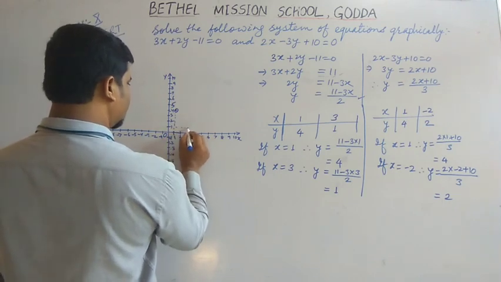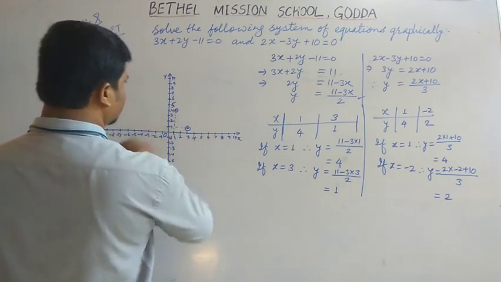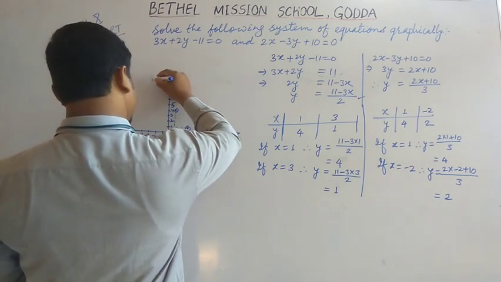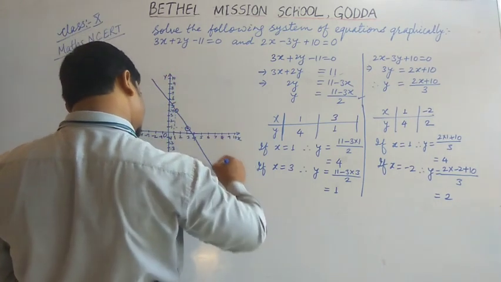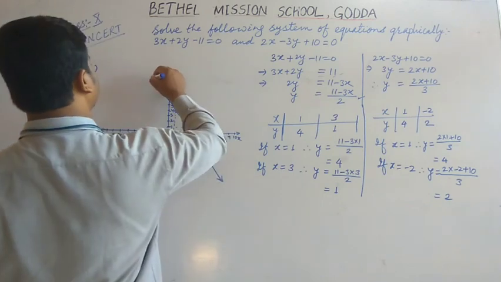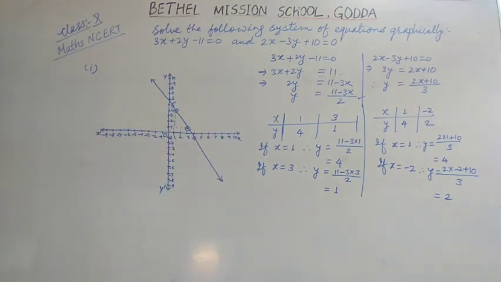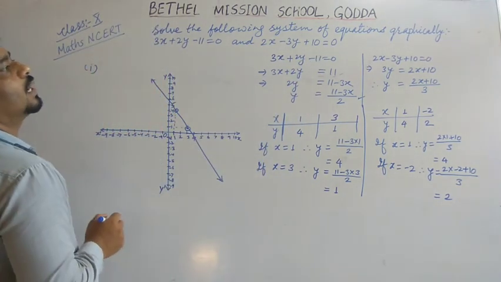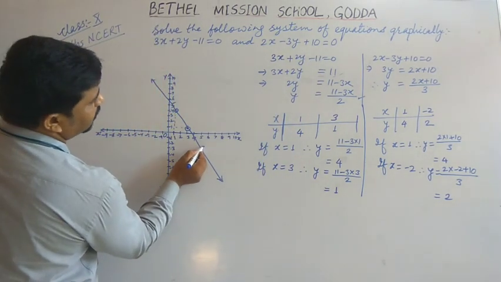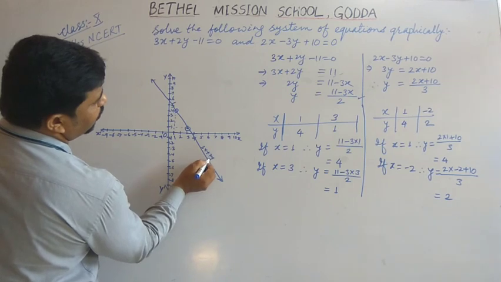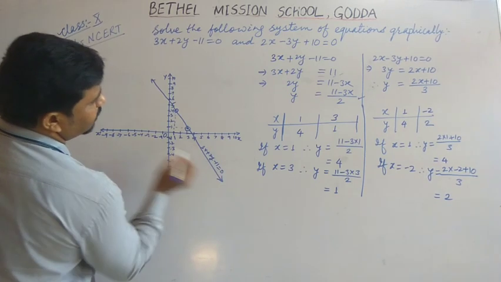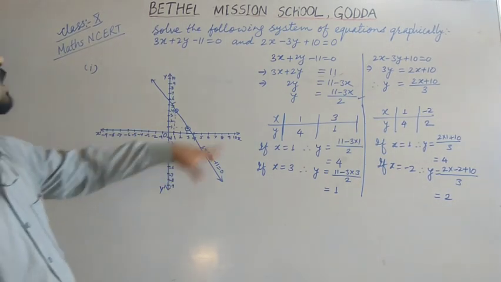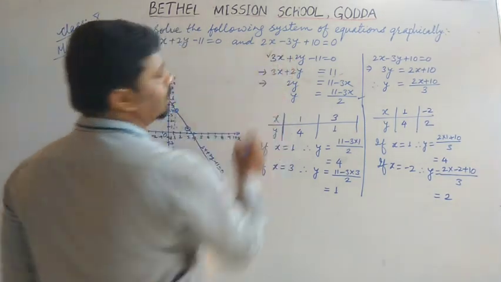Another point is this. So you will join these 2 points. This is the line of this equation, 3x plus 2y minus 11 equal to 0, the first equation.